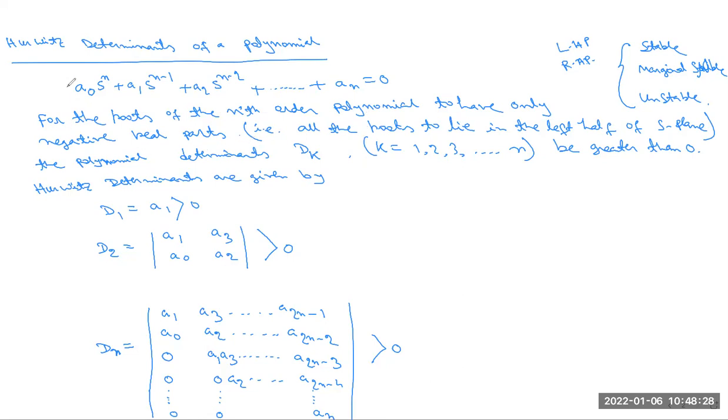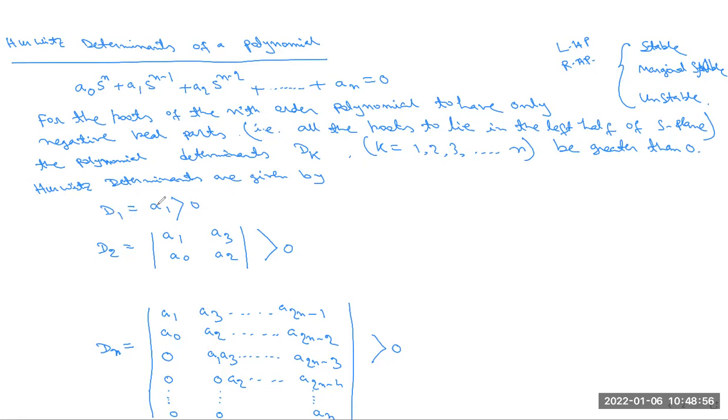This is the Hurwitz determinant of the polynomial, which is expressed as Dk, where k is 1, 2, 3 dot dot n number of terms, and the value is greater than 0. Okay. So this is basically called the Hurwitz determinant of the polynomial form.